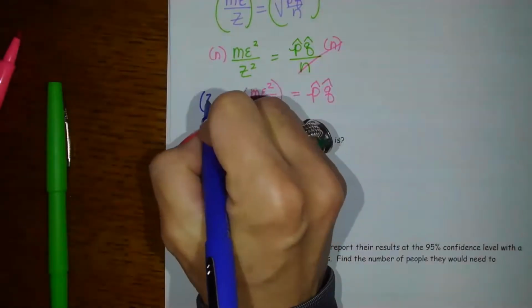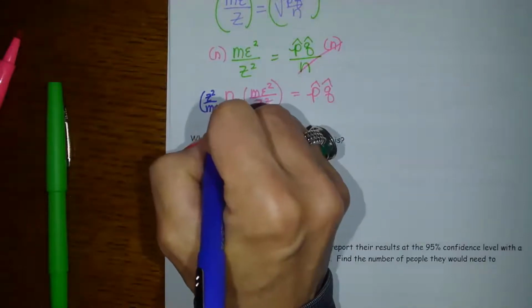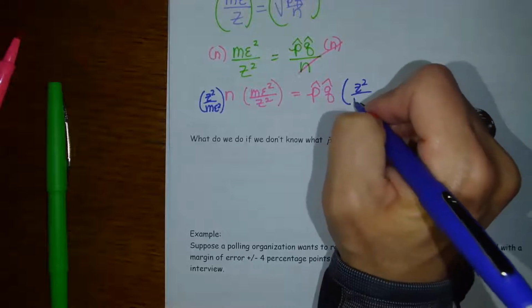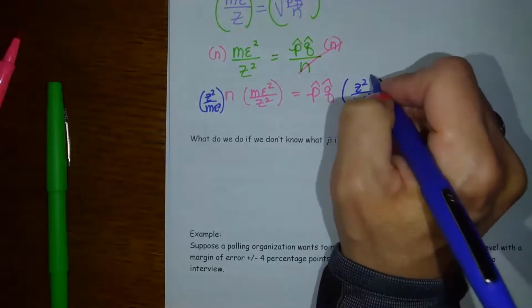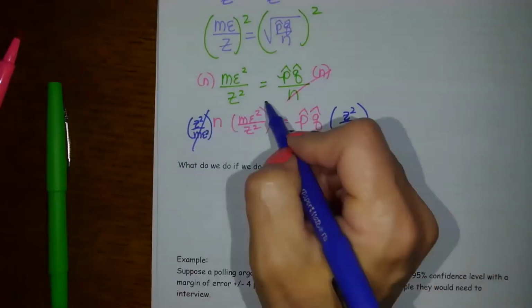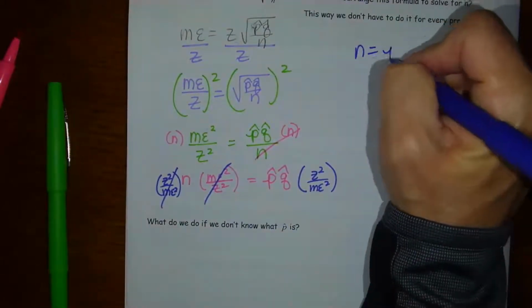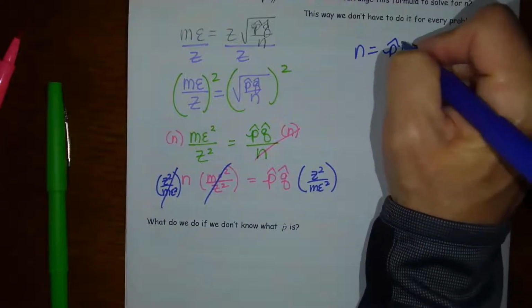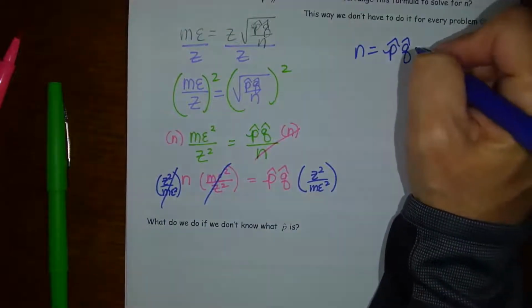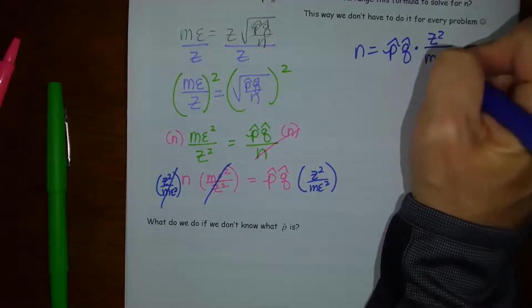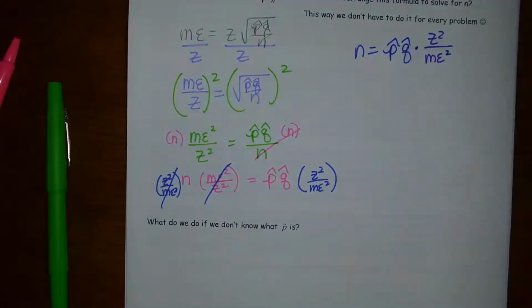We'll multiply by z squared over me squared, right? And then now that's gone, and we have a nice formula: n equals p hat q hat times z squared over me squared, right?